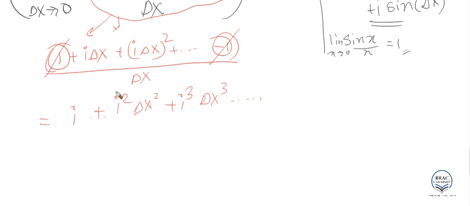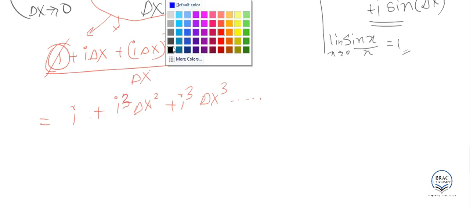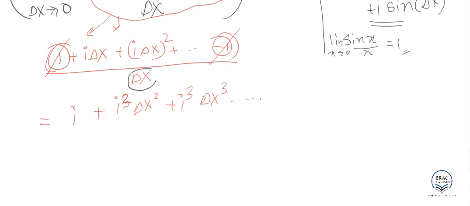So what is happening here, in case you are confused, is that there should be a del x over here, because I am dividing, let me use another color, I am dividing this del x with the whole numerator thing. So when you divide this thing with this one, this del x gets cancelled out and the only remaining thing is just i. When you do this, this is just i squared del x.